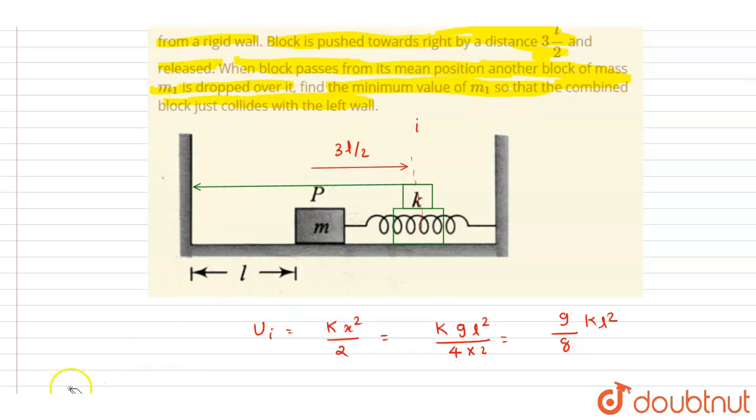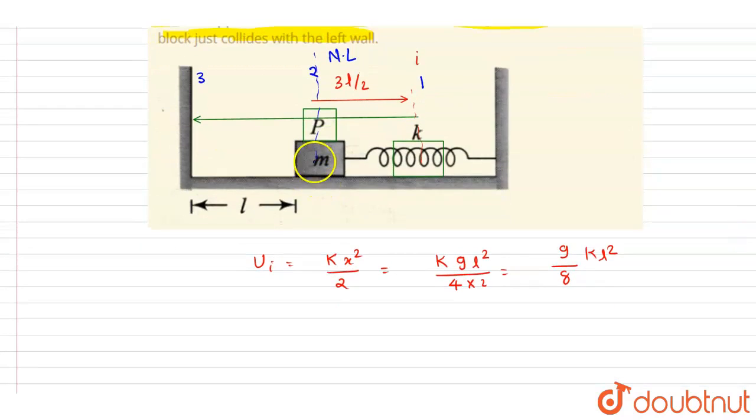So let me call these position 1, position 2 and position 3. There are 3 positions after compressing the spring by 3L/2 and then leaving it: the first initial position, then position 2, which is the natural length, then position 3.